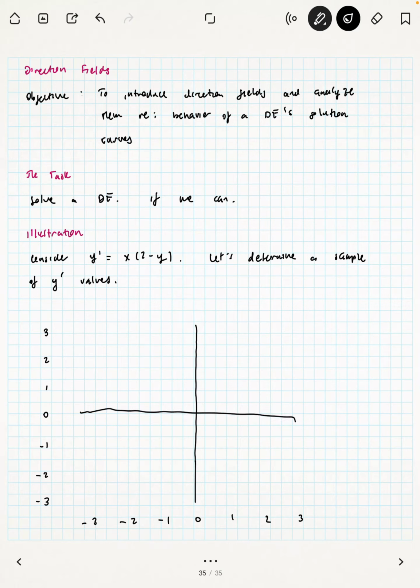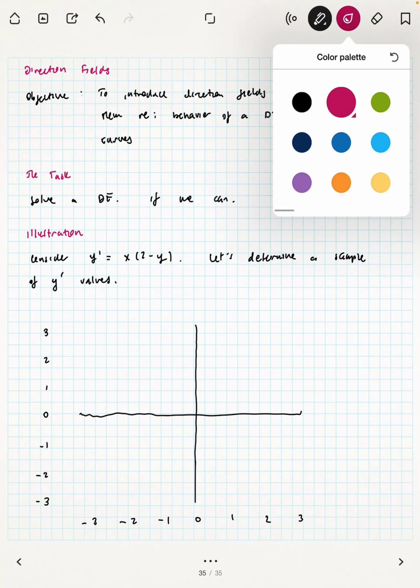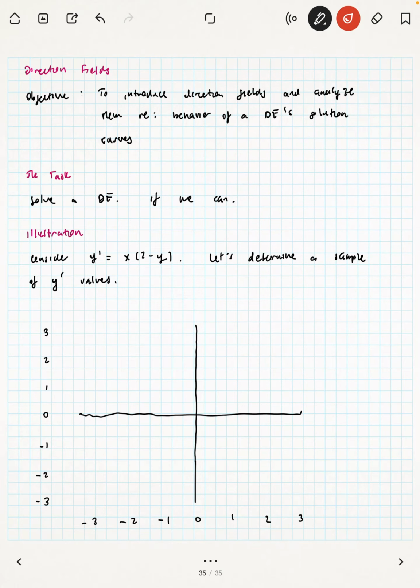I'm specifically laying it out like this, not with hash marks on the axes themselves, so that I can see very clearly the direction field values, okay? So at each point on this grid, we're going to set up little marks that represent the slope at that point. So for each y prime, we're going to get a little line segment with the slope that we want.